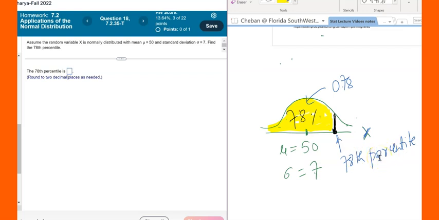Okay, how do you find the point here? This is pretty much finding this x value here. That's what is called the 78th percentile. We use inv norm. The left area is 0.78, comma, mean is 50, comma, standard deviation is 7. Remember that when you find the point on this line when you know the area, you always use the left area from the point you are looking for, comma 50, which is the mean, comma 7, the standard deviation. Put it in the calculator.